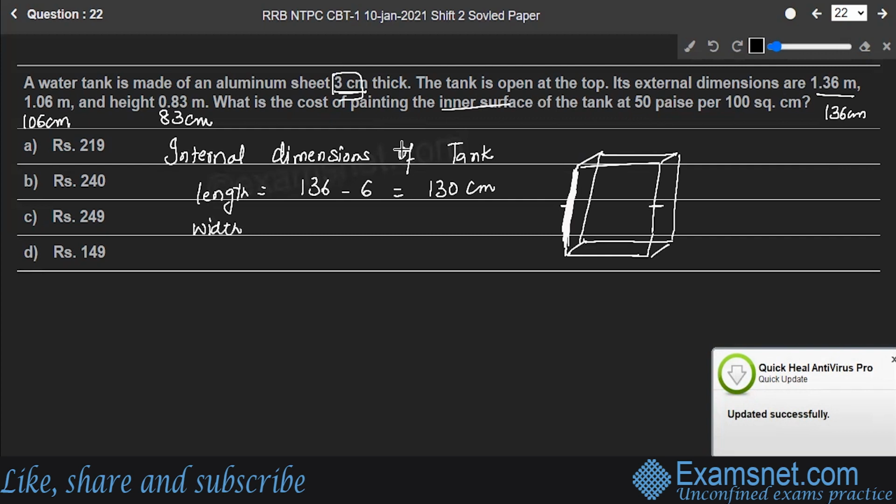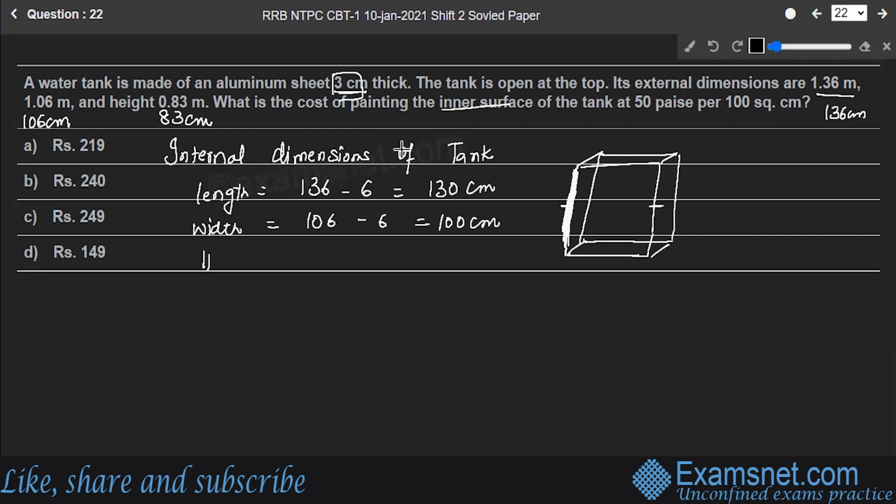It is 106 minus 6, which is equal to 100 centimeter. And then you have the height, 83 minus 3. See, because the tank is open at the top, I will consider only the bottom thickness, this one, not the top one. So it will be 83 minus 3, that is equal to 80 centimeter.